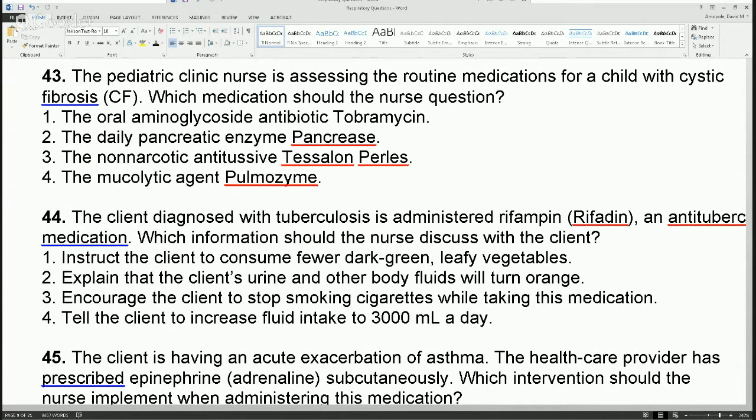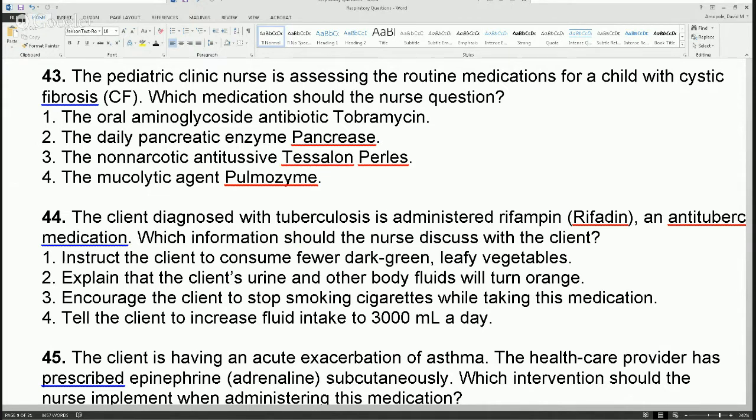It is not 4. 1? It's not 1. The answer is 3. Oh, because we're looking at routine medications. Is it because they need to cough that up? Correct.